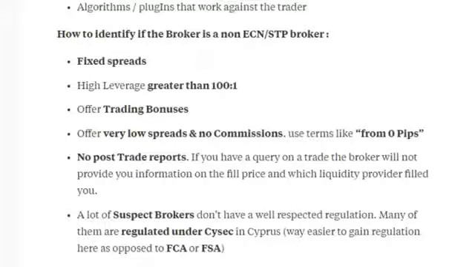If you are with a true ECN broker or an STP broker, they will be able to provide you with the detail of those trades, when the trade was taken, at what price it was taken, and where you were filled, and with which liquidity provider you were filled.